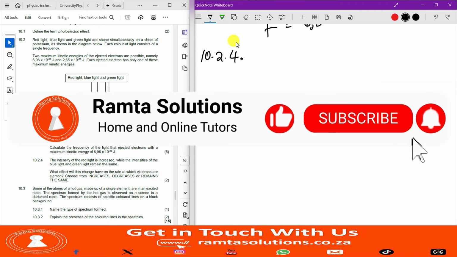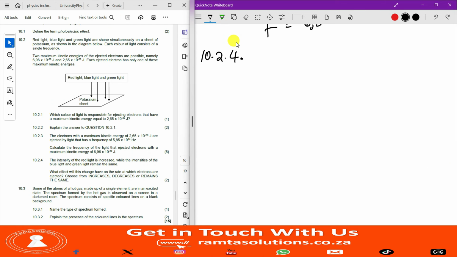Remember, when increasing intensity, we are not increasing frequency. So increasing intensity does not, especially for red light which on its own did not eject electrons, change anything. This therefore means there's nothing that will happen. So our answer will be remains the same. Why? Because this frequency does not emit electrons.